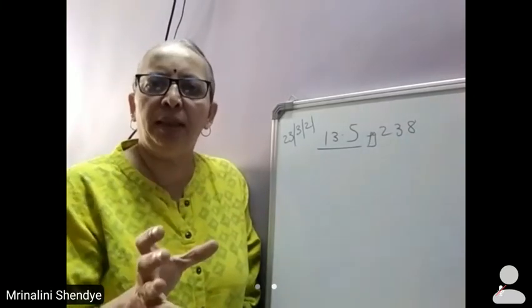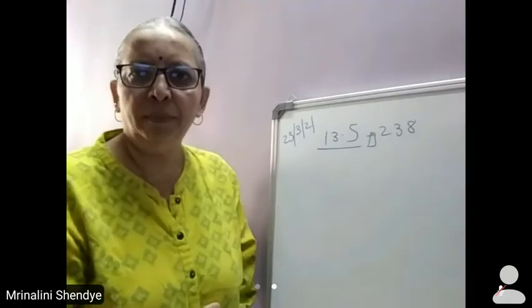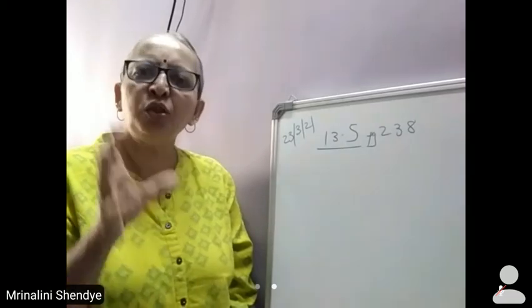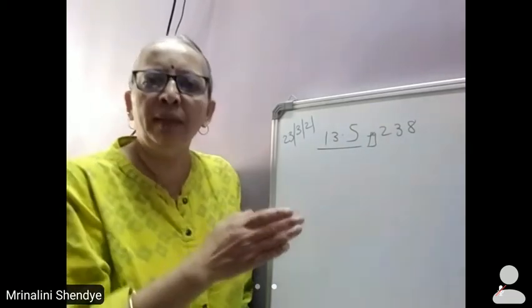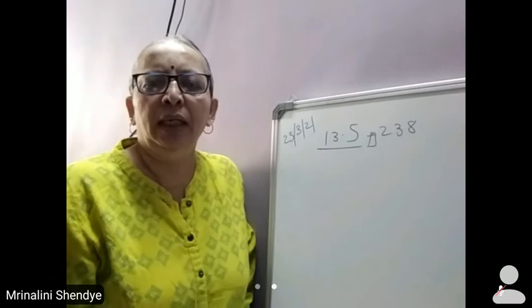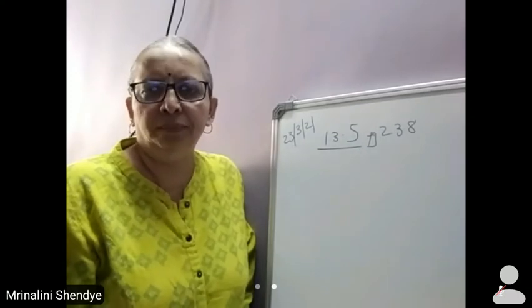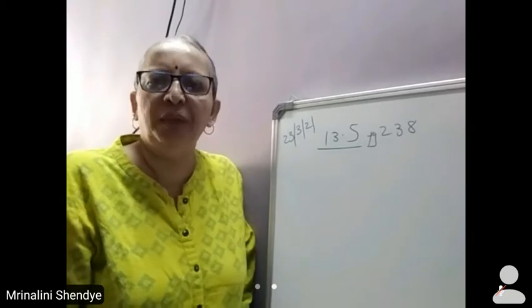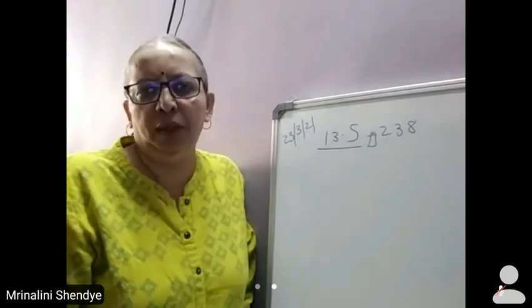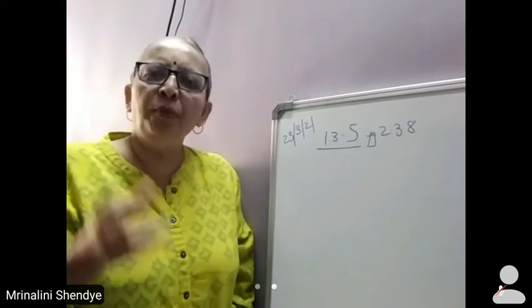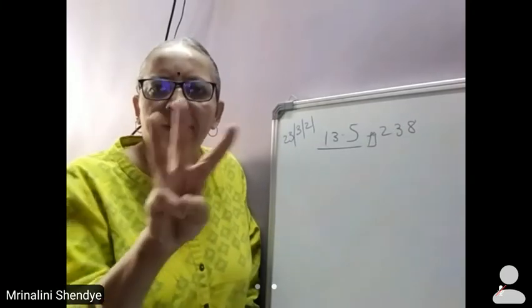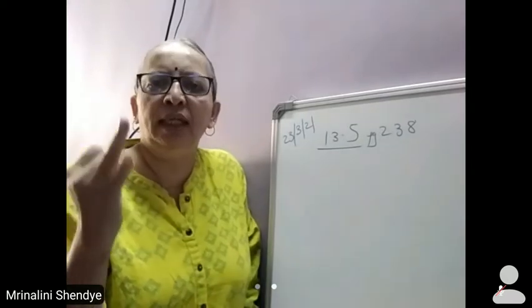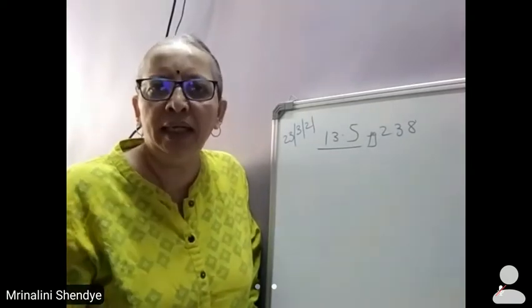A communication system is a setup in which information in suitable form is sent from one place to another place. So this is the setup for transmission of information. Communication systems at present have three types: one is electrical, other is electronic, and third is optical.